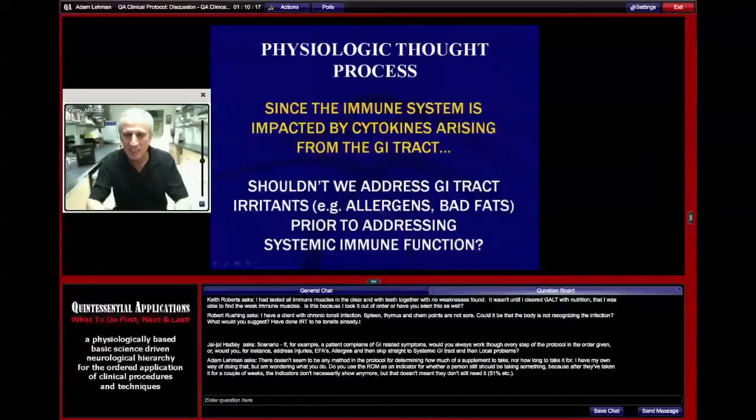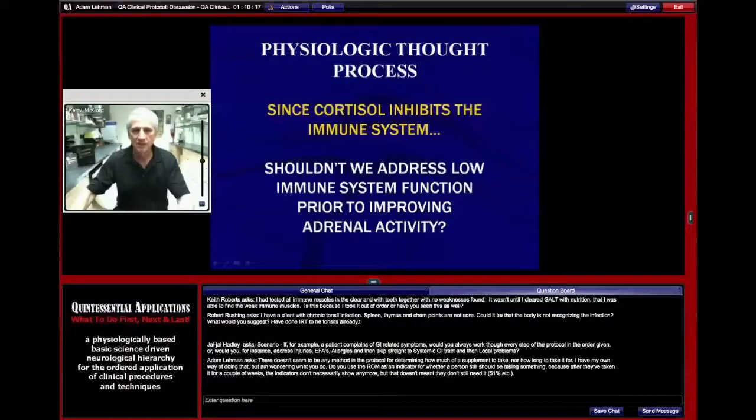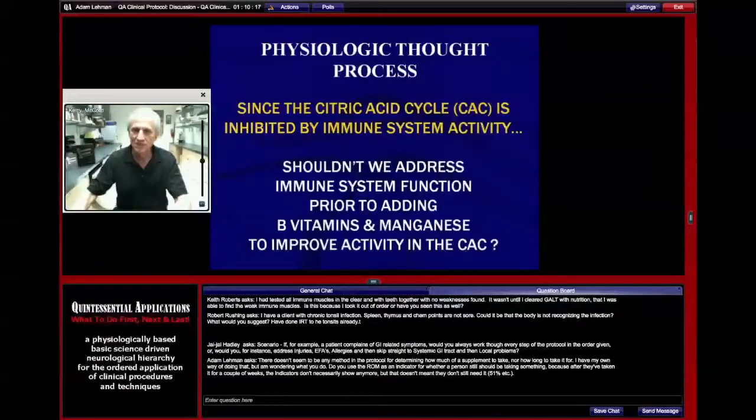It's put together making physiologic sense in relationship to how we should address the human system. Since cortisol inhibits the immune system, it suppresses immune system function, shouldn't we address low immune system function prior to improving adrenal activity? So again, part of this physiologic thought process.